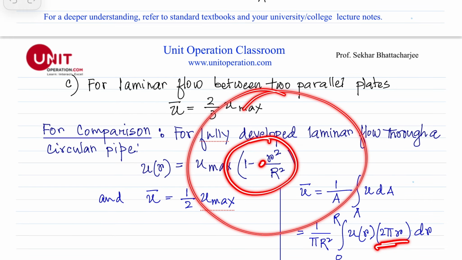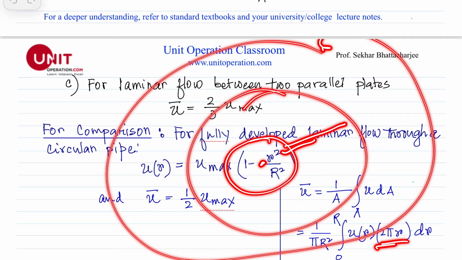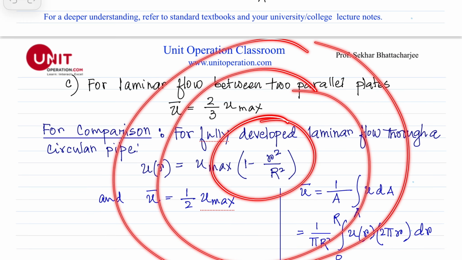Let's say here we take a differential section. So this is a pipe, and we take a differential section between, let's say, this is r, and this is r plus dr, or delta r. So we have to find the flow area between these two. So this is r plus delta r, and this is r here.